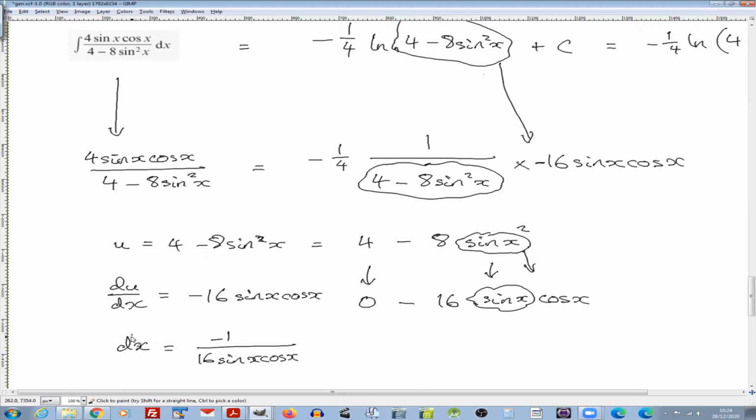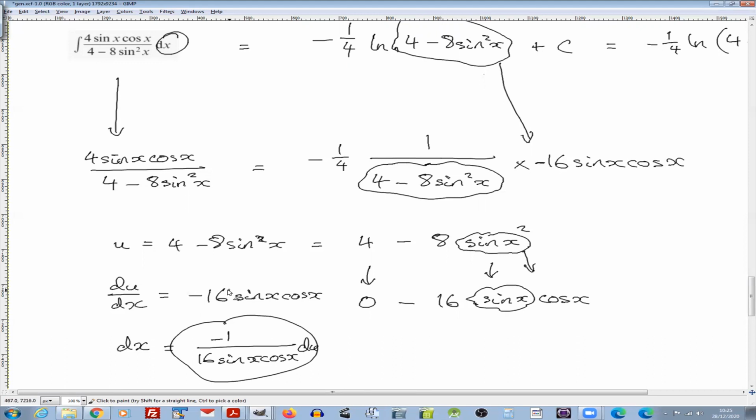And now if you put that expression in there, replace dx with that, oh, du, of course, then that'll just cancel and you'll just be left with the integral of minus a quarter, or rather minus 1 over 4u.